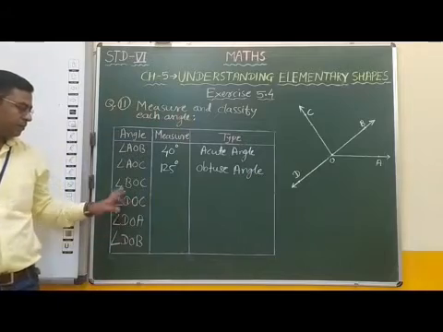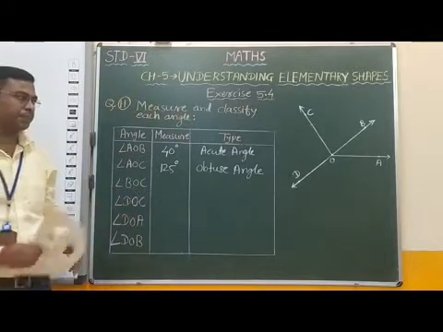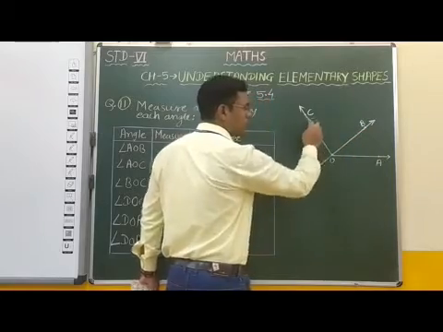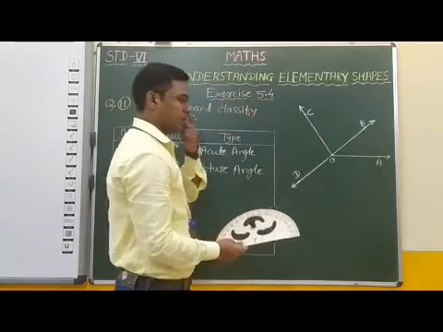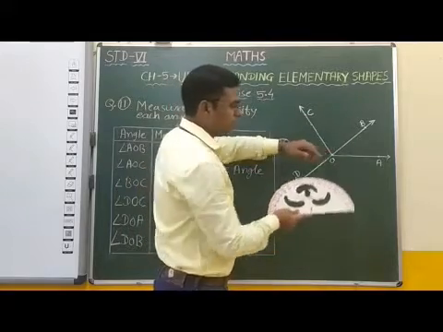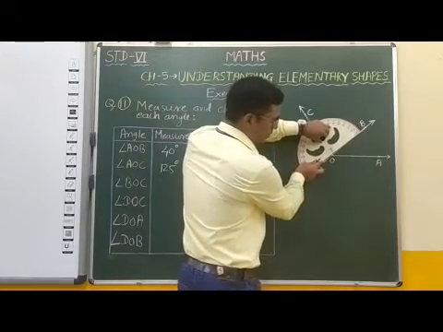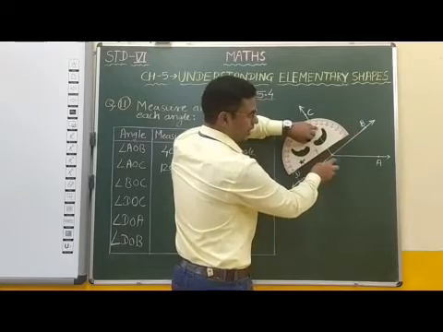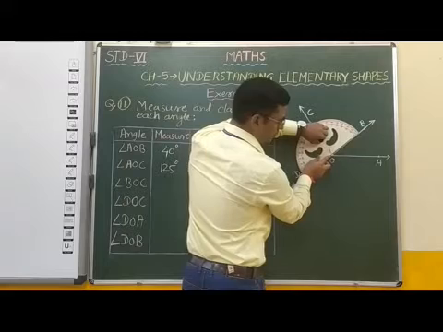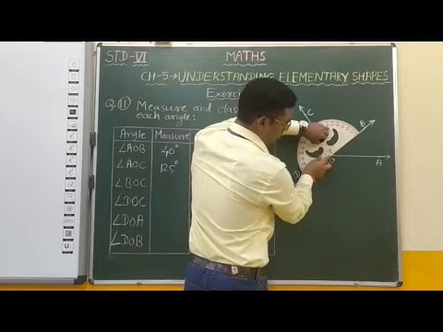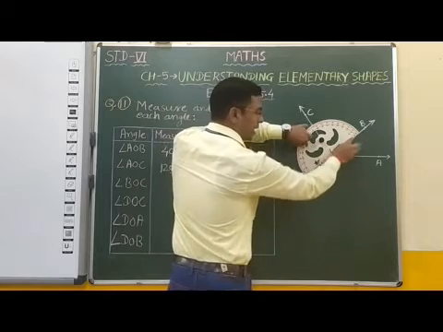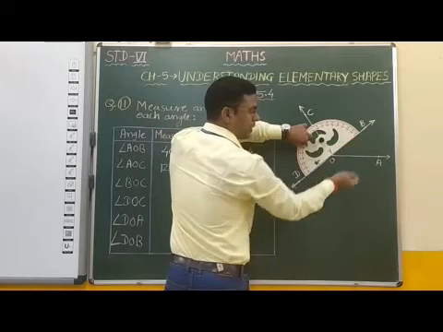Now, next angle BOC. Now we put the midpoint on vertex O and match this straight line with ray OB. Now, this ray OB is on the right side of the midpoint.